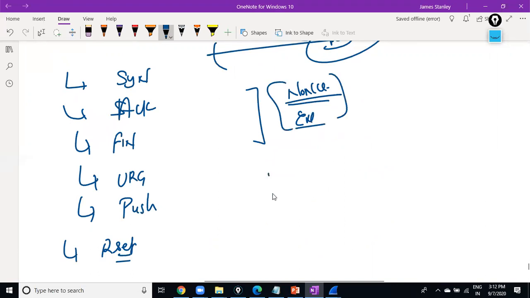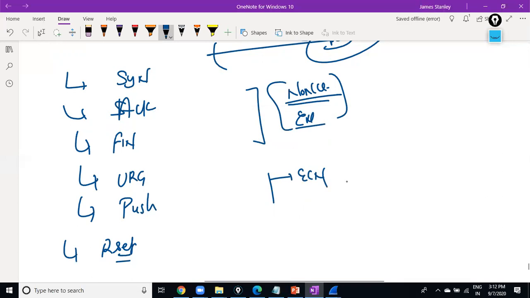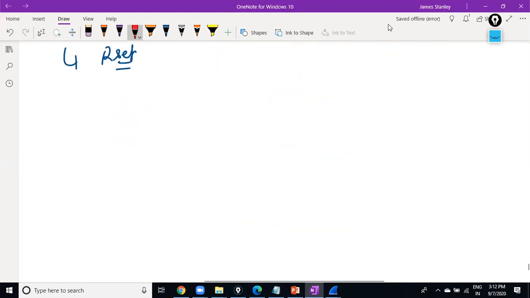Two more flags are there: one is ECN, echo, and one is CWR, congestion window reduced. These two things we have to cover during the congestion control concept. Congestion control, these two.